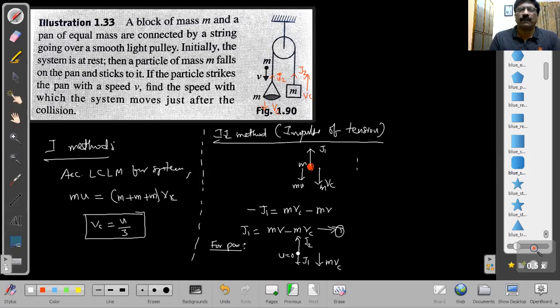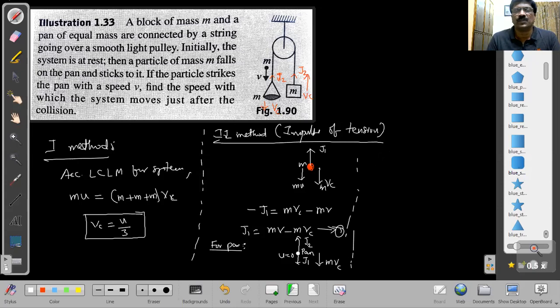Therefore, the net impulse received by the pan: J2, the impulse due to tension, acts on the pan in the upward direction. Here it is the pan, and J1, the impulse received by the pan from the particle, is in the downward direction. Since the pan moves downwards, J1 is greater than J2.